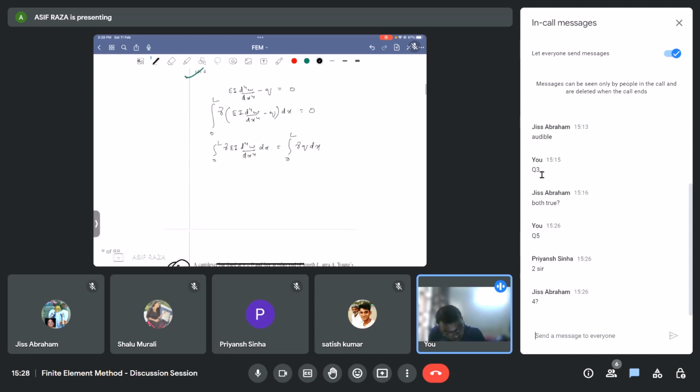I don't think you guys would have any doubt here. Let's solve the other steps. Now I'll apply chain rule here. So EI is a constant if taken constant.